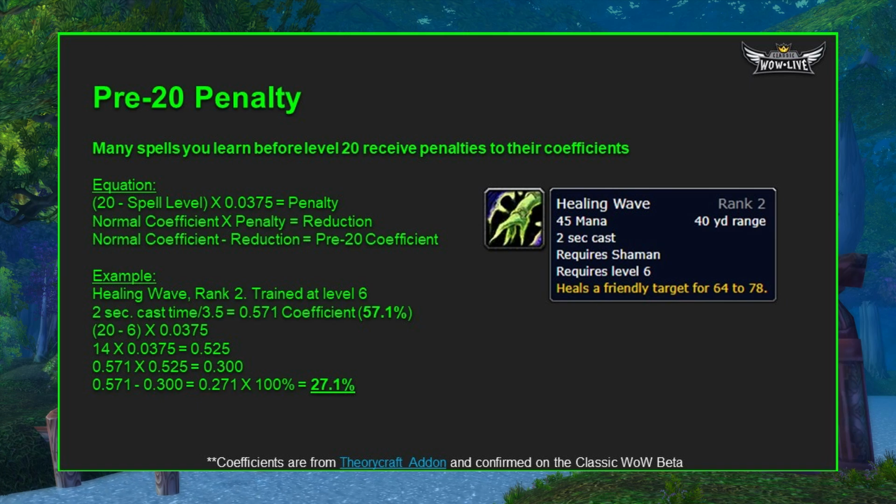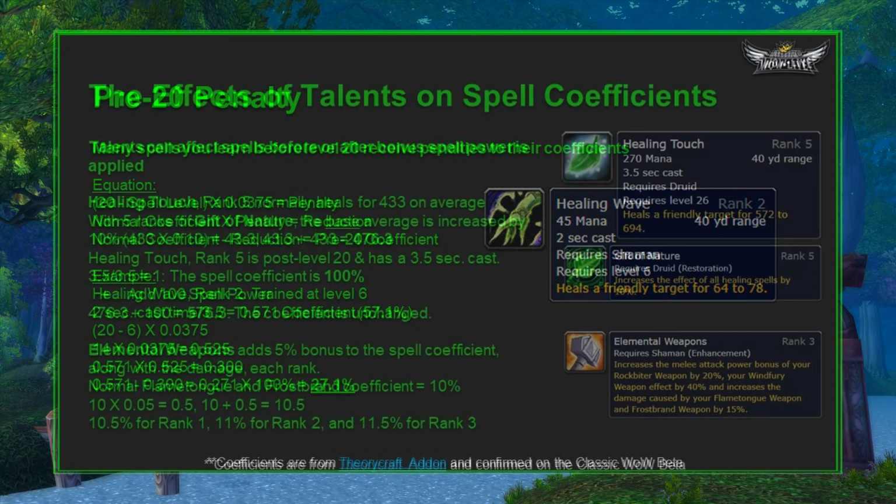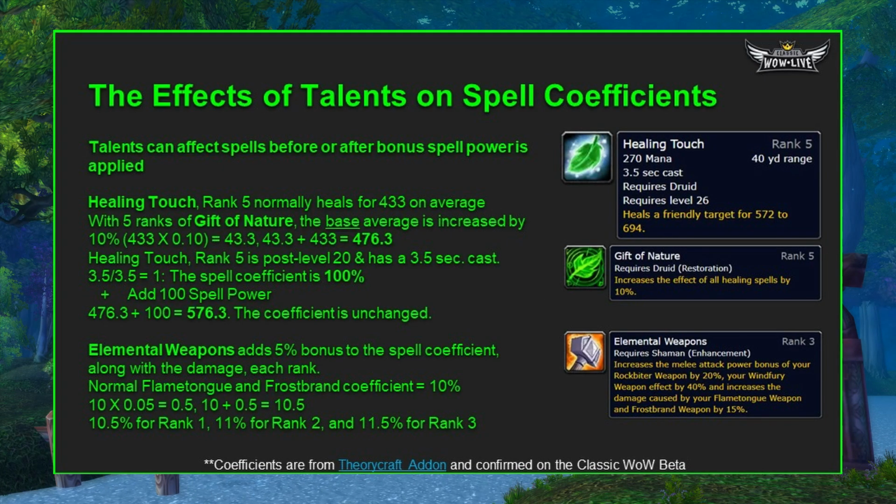You subtract 0.3 from the theoretical coefficient to get 27.1%. As you can see, that's a reduction of 30%. That's very significant, so think about this when you downrank spells that you learned before you hit level 20. Also, the closer you train a pre-level 20 spell to level 20, the less the penalty will be.